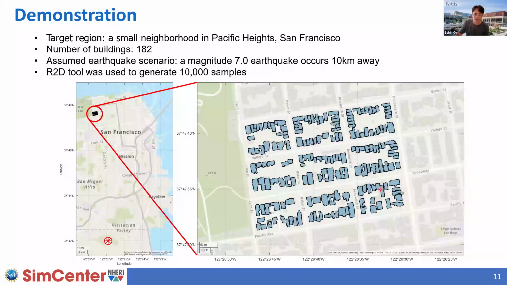And then based on the ground motion, they estimate the damage states of each building using the individual fragility curve. So this result from the R2D tool cannot be said to be a realistic realization of regional response, because it just relies on the marginal individual fragility curves.